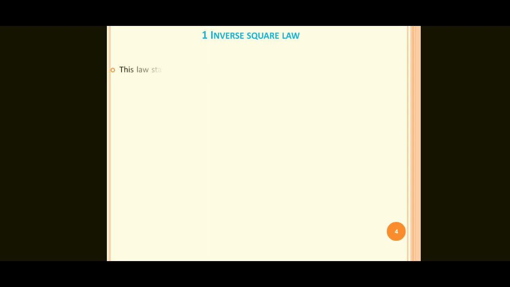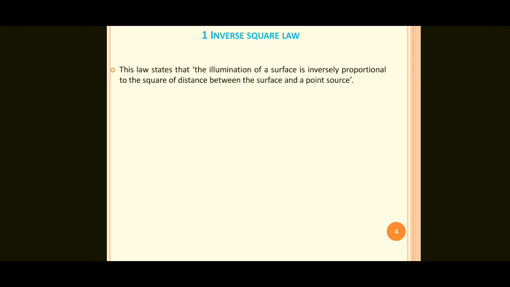In the first one, the inverse square law, this law states that the illumination of a surface is inversely proportional to the square of the distance between the surface and a point source.